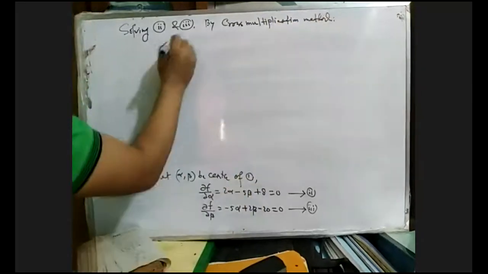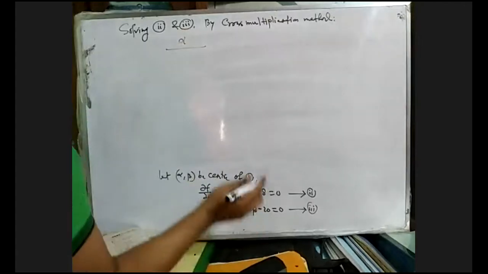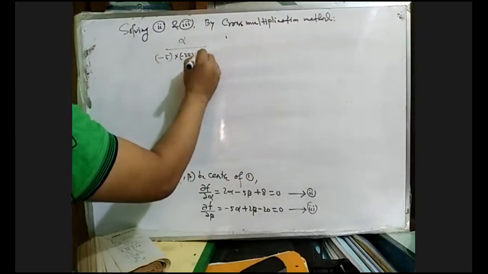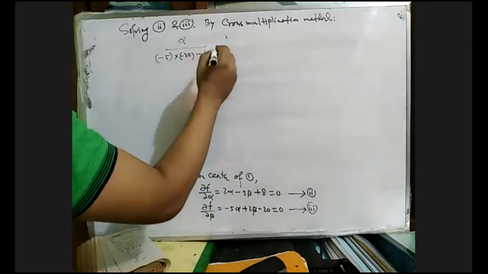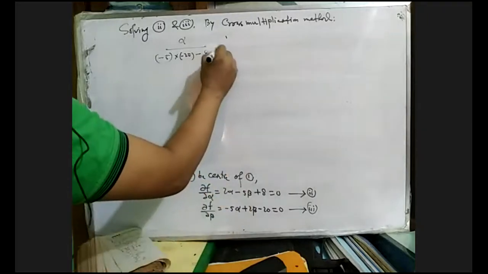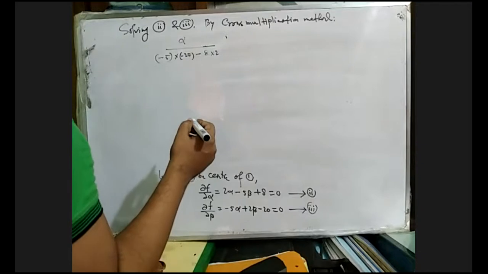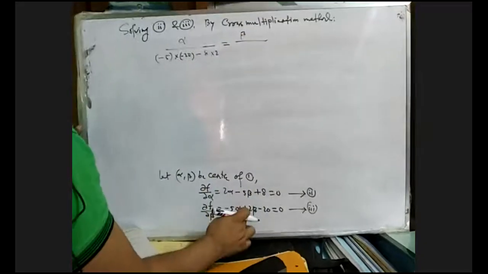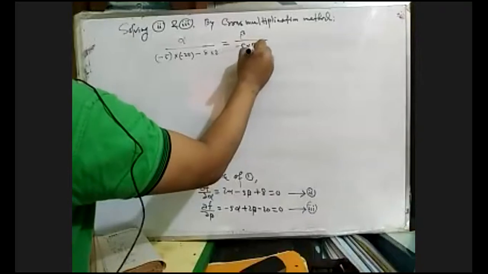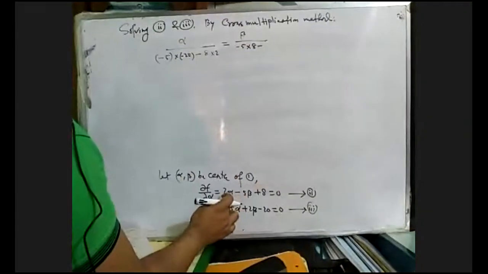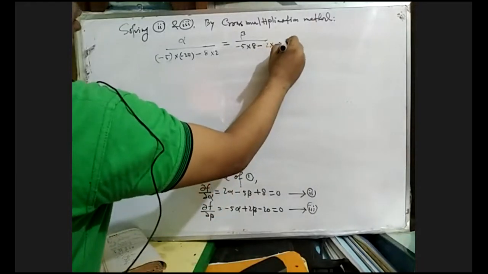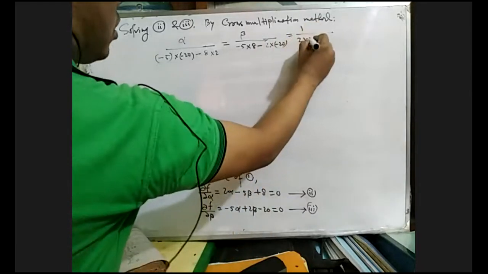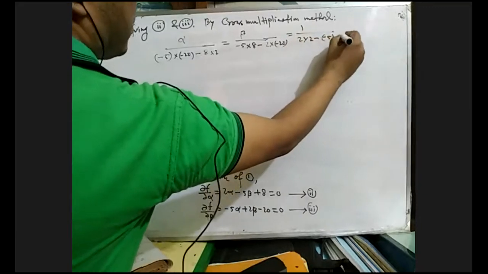By cross multiplication method, we can write alpha divided by minus 5 multiply minus 20 minus 8 multiply 2, equals to beta divided by 8 multiply minus 5 minus 2 multiply minus 20, and 1 divided by the constant: 2 multiply 2 minus 5 multiply minus 5.